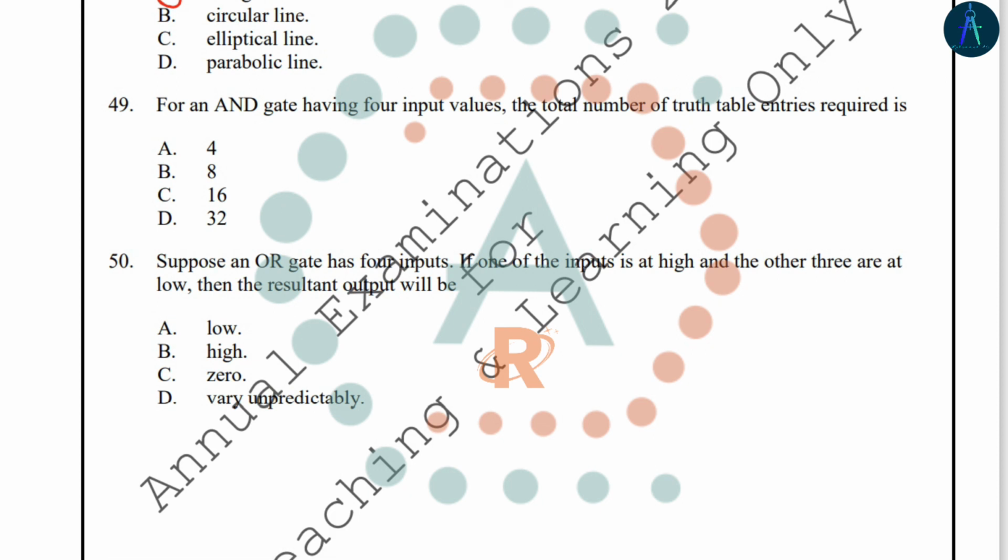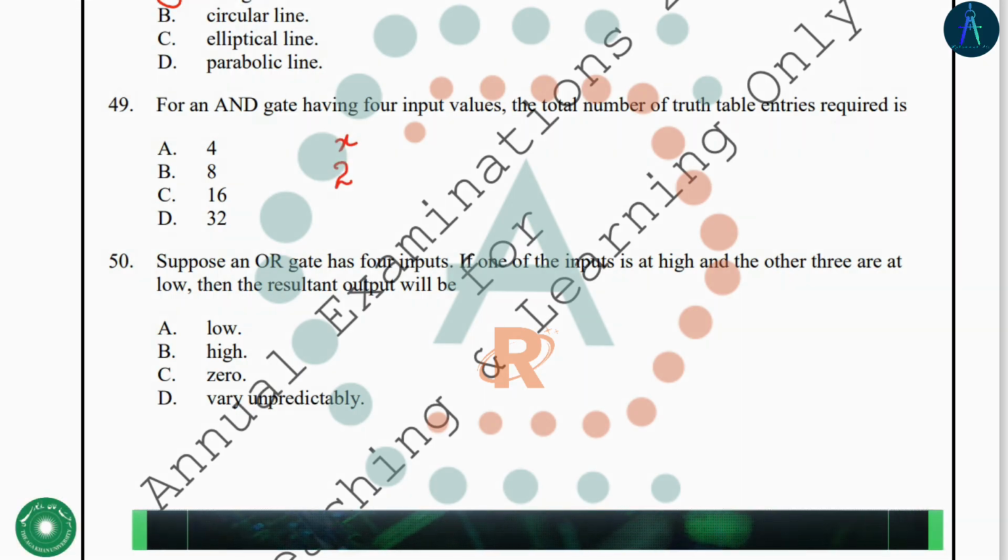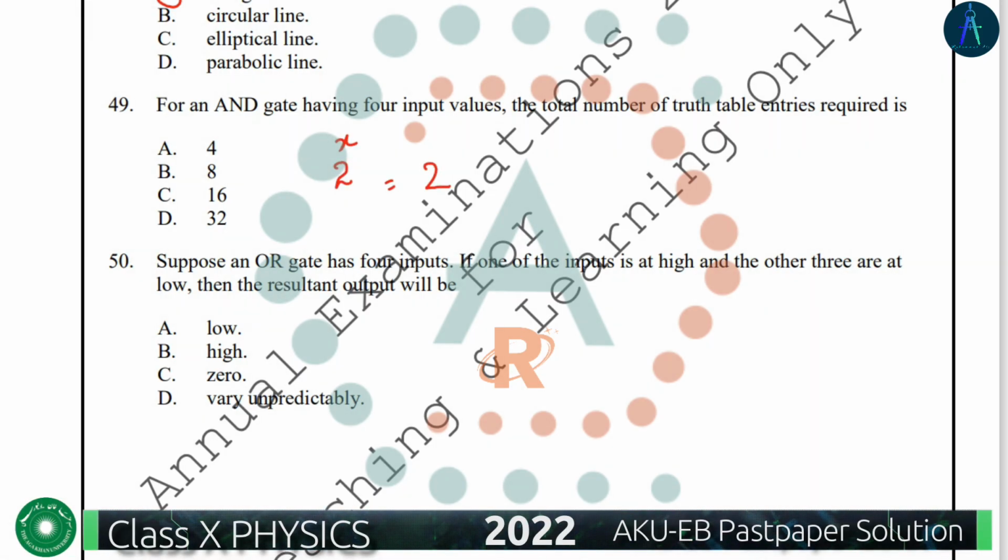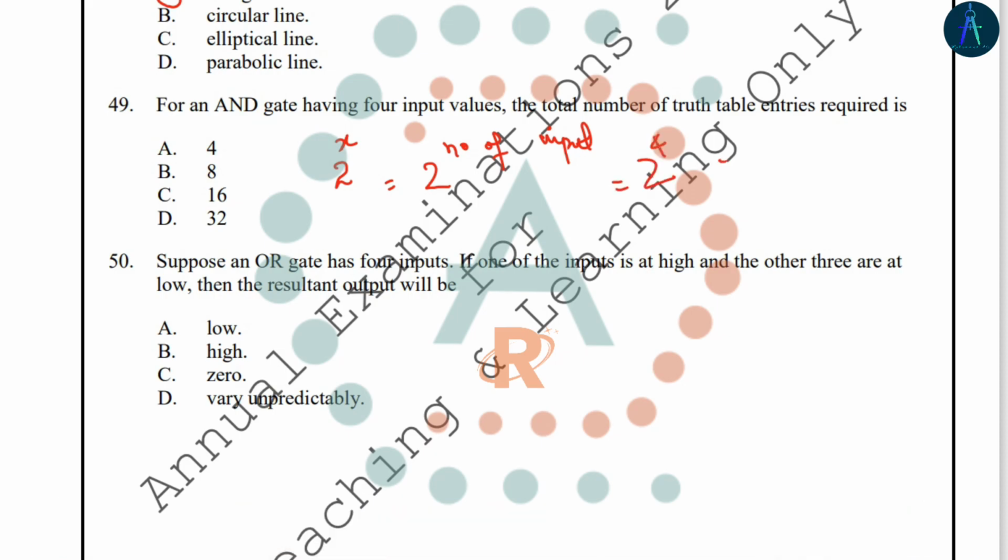For an AND gate having 4 input values, the total number of entries in a truth table is represented by 2 raised to the power x, or we can say 2 raised to the power number of inputs. So number of inputs here we have are 4, 2 raised to the power 4, that becomes 16. So option C is the right answer.